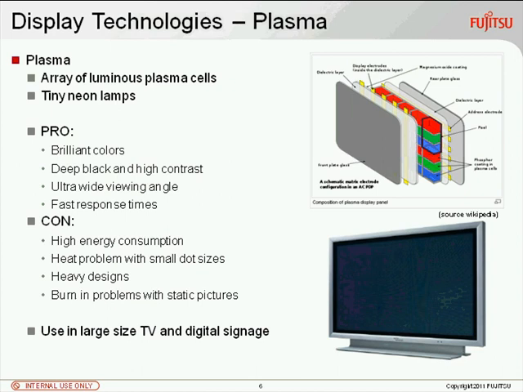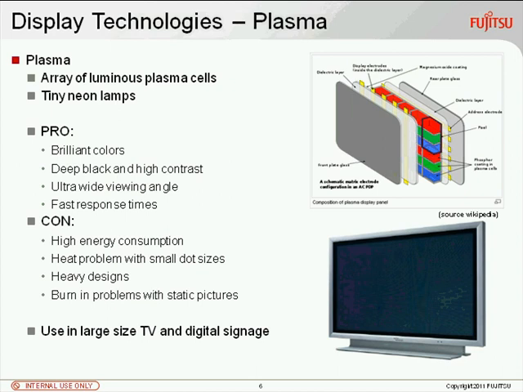However, there are also some quite heavy disadvantages. For example, the energy. It's using a lot of energy, even so much that if you display a white picture, you have to reduce the brightness because otherwise it would get too hot and the energy consumption would be too high.